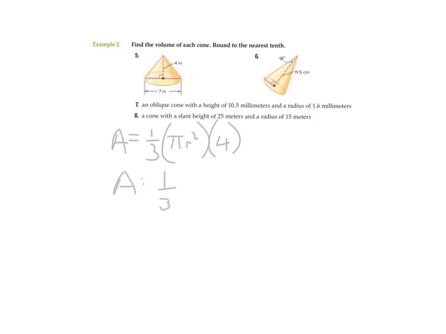And again we're all multiplying, so that's 1/3 times pi, and don't forget the diameter is 7, so the radius is 3.5, and don't forget you've got to square that, and you're going to multiply all that by 4. So again, everything is multiplying. It's a calculator job, and if you put it in your calculator and round it to one decimal place, you get 51.3. And again, check the units. In this case it's inches cubed.